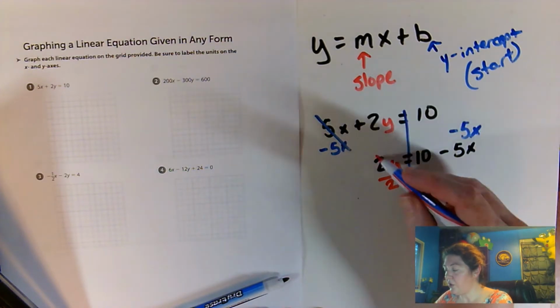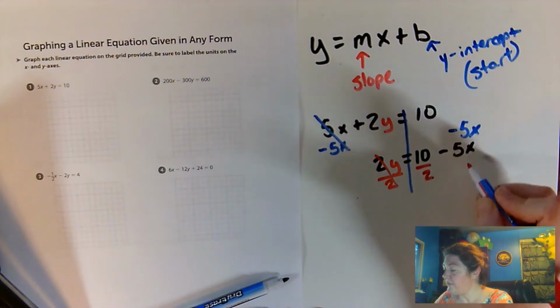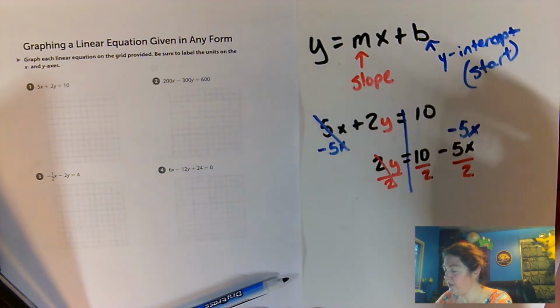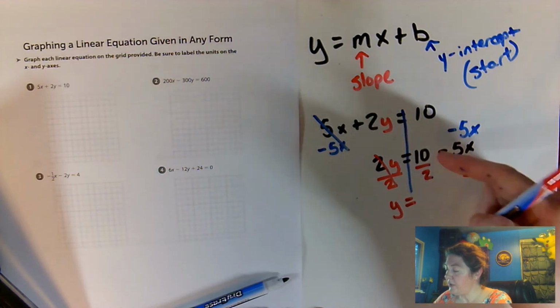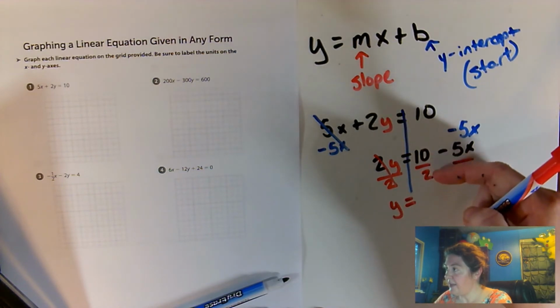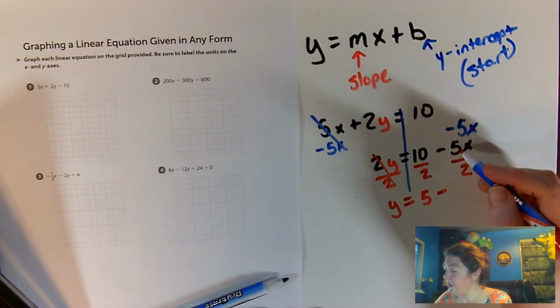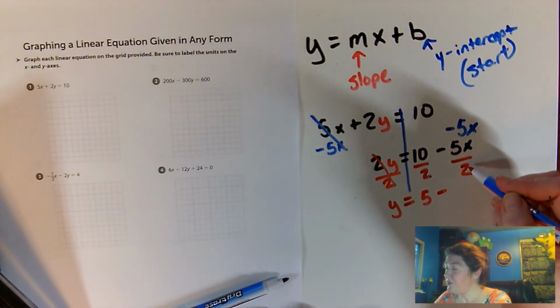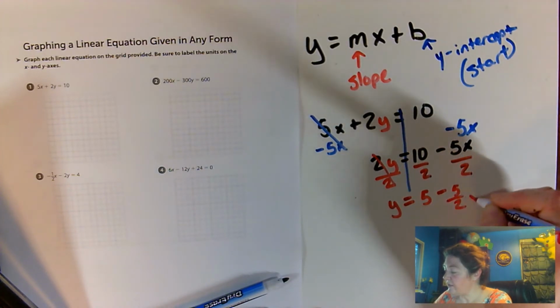That's going to cause these two to cancel. What I do to one side, I have to do to everything on the other side. That leaves me with y equals 10 divided by 2, gives me 5, minus 5 divided by 2 is going to be a nasty fraction, so I'm just going to leave it like this.